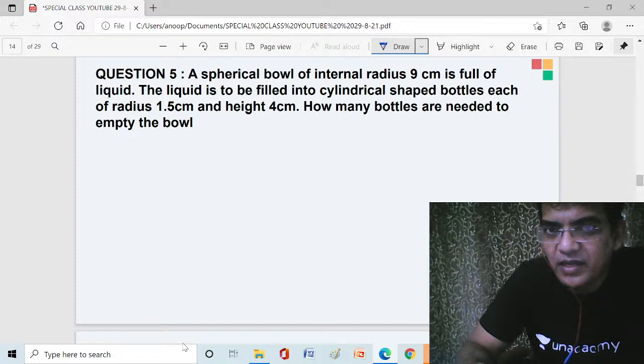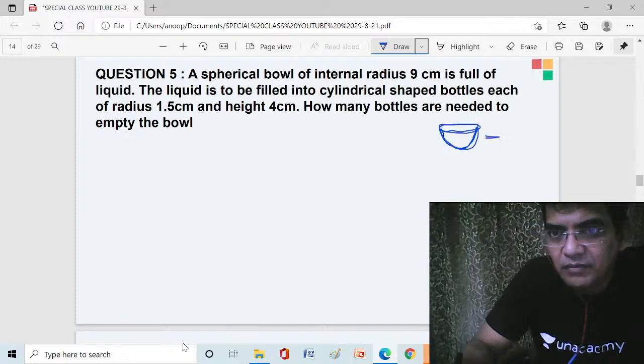See, the question will be like this: a hemispherical bowl like this. This is a hemispherical bowl, right? Now they say this is filled with some liquid, and now this liquid is to be transferred into cylindrical shaped bottles.